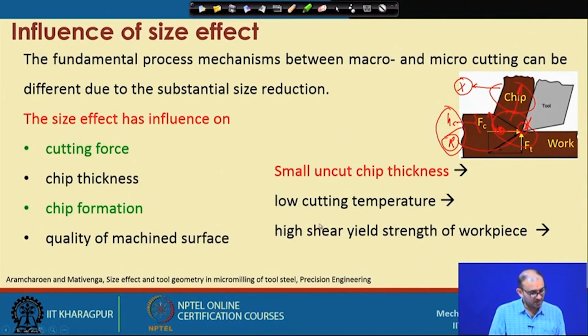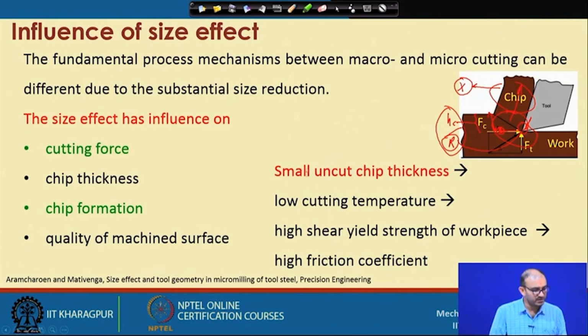Then it results in a high shear yield strength of the material, because your material is not getting softened, and that means you have to provide more force to cut the material, and you end up with a high friction coefficient, because now your FT will increase, and that is the reason your rubbing will be very high in this particular case.